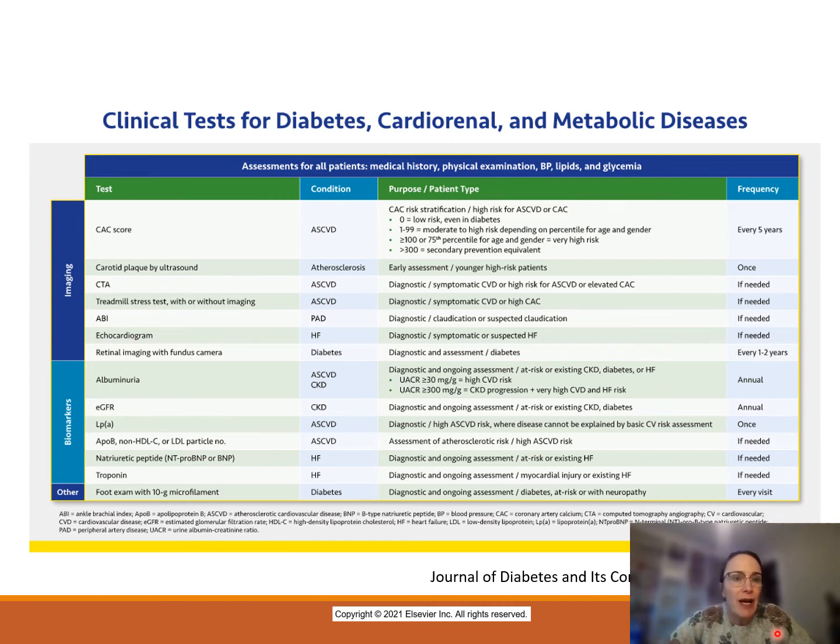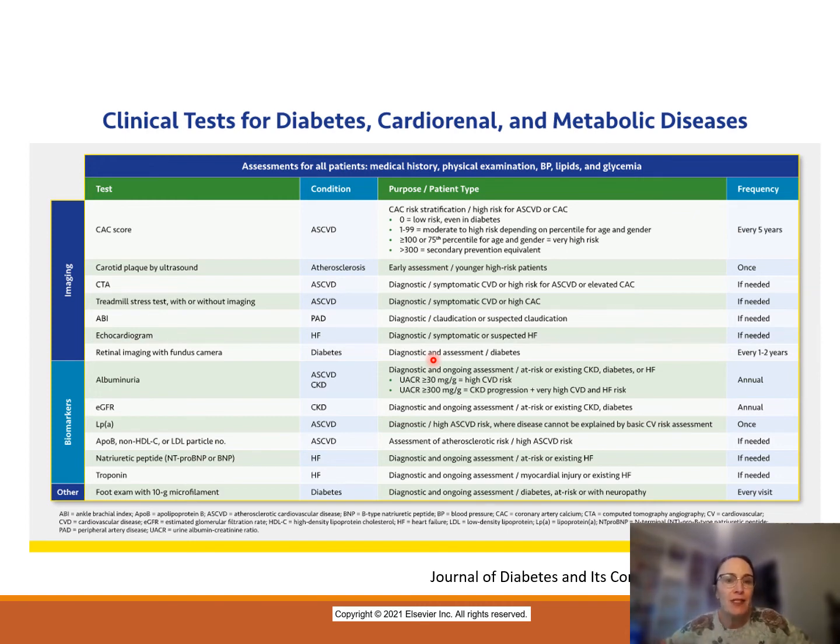I talked about a cardiac calcium score, and here you can see that was that thin cut CT that I mentioned. If you have diabetes and you are a high-risk patient, you don't need a cardiac calcium score, because if your patient's willing to take a statin and they have diabetes, you don't need to assess additional risk unless for some reason you're doing it for something else.